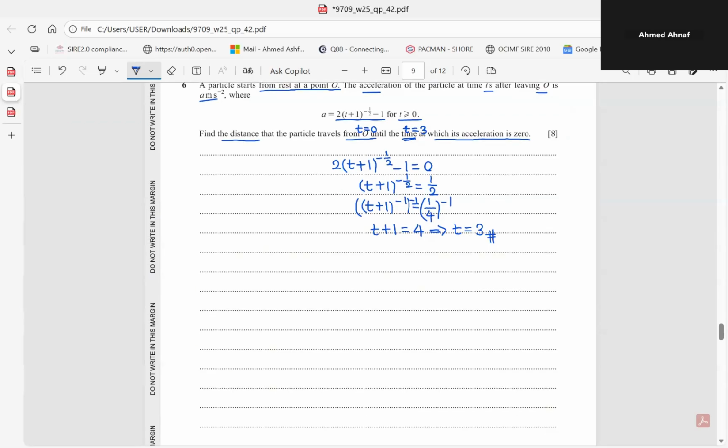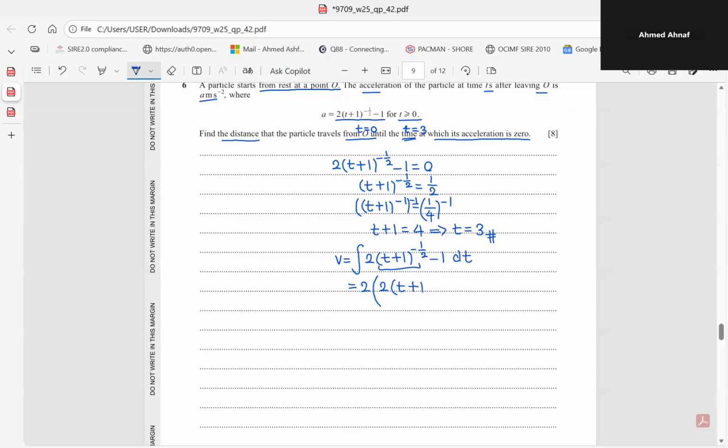Okay, so now we're going to find s. So to do that, we need to find v first. And to find v, we have to integrate the expression for a. So integrating 2 times t plus 1 to the power of negative half, minus 1, dt. So remove the 2 and integrate this thing only. Adding 1 to the power, you just get half as the new power, and you divide by half, which is the same as multiplying by 2.